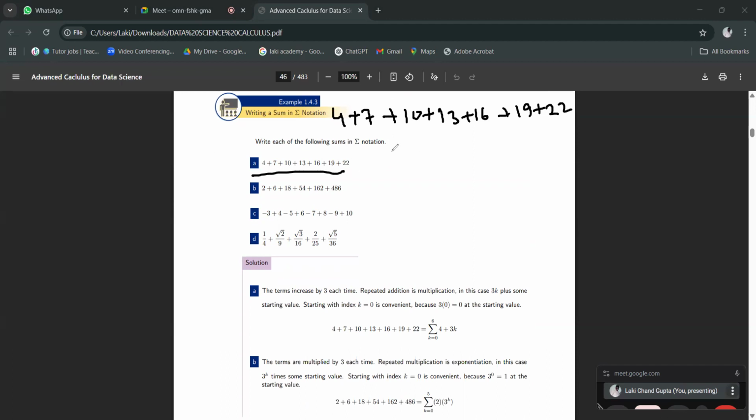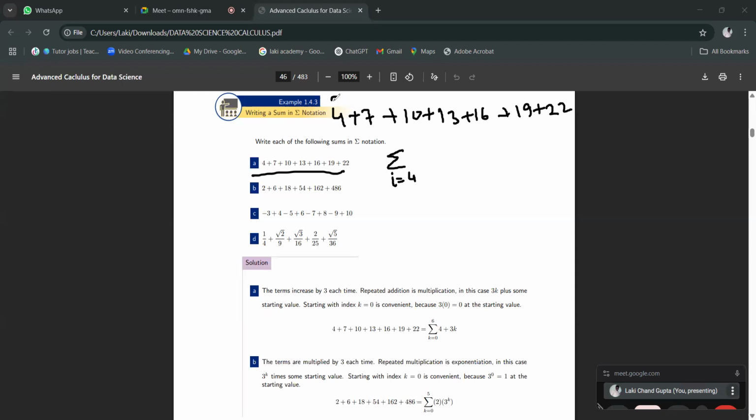Starting from 4, you can write it in this way. Let's suppose you start from I is equal to 0.